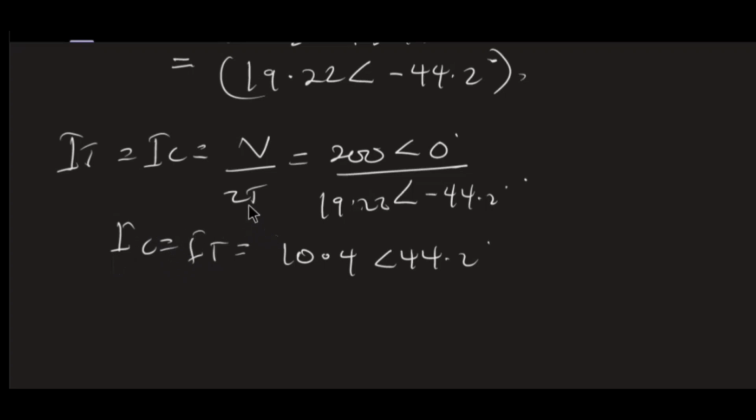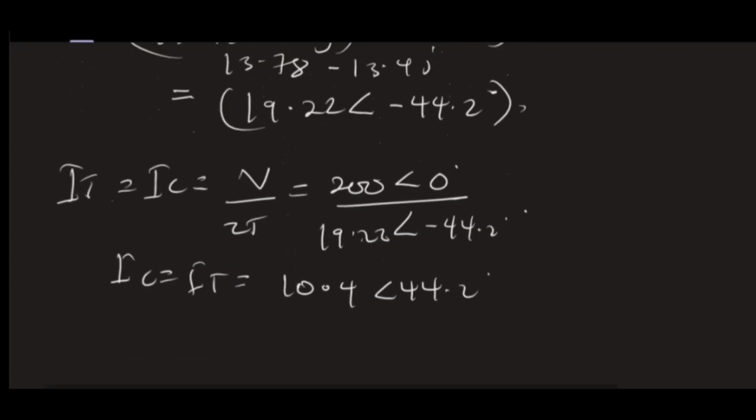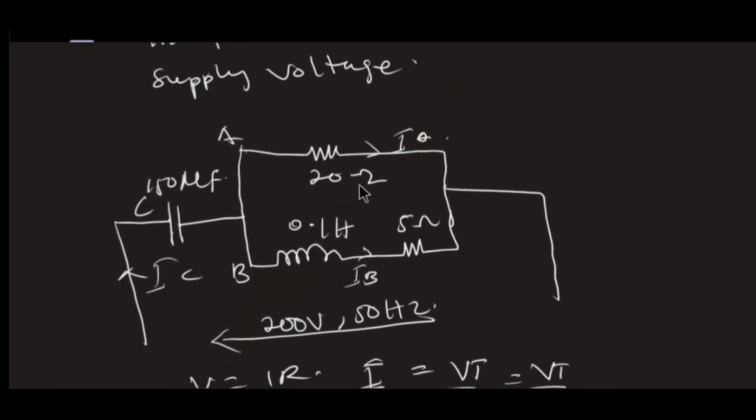Now we have found the current through the branch C. We need the current through branch A and branch B. To do that, we know that the voltage across only this part is simply found by multiplying the total current by the impedance.